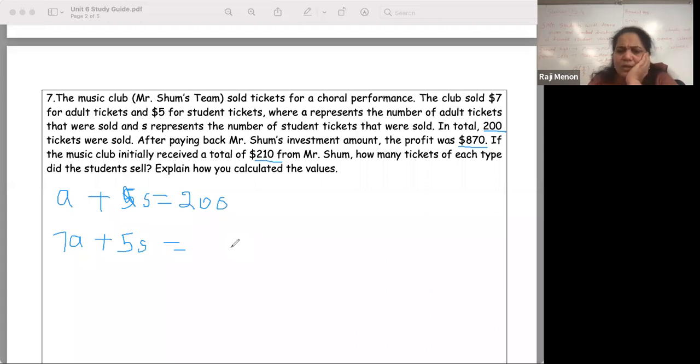So you need to pay back, right? Because the teacher is giving you some money. So basically what is happening is 870 plus 210. So what is that? 870 plus 210 will be 1080.